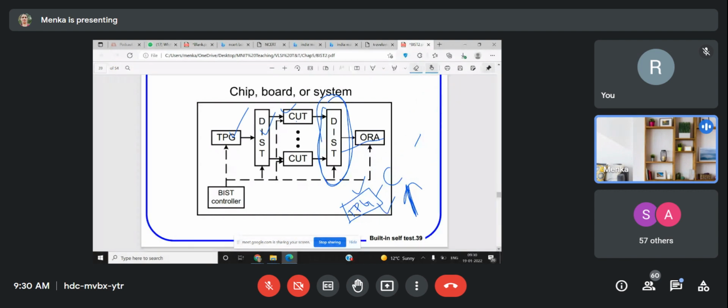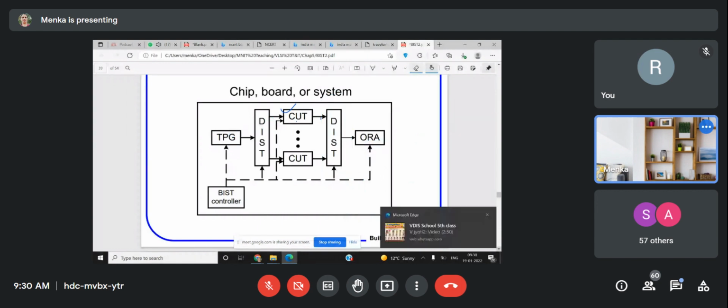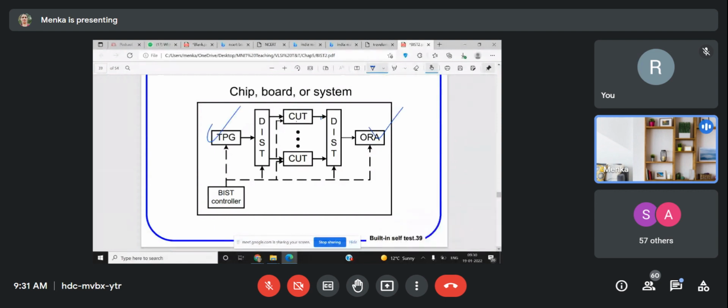So what you can do is use multiple chips all together and test if a fault is there in some specific chip. How will you be testing? This is the BIST controller. You can see the test generation and ORA are controlled by this BIST controller along with these distributors. Now, in order to identify which chip is having this particular fault, you have this chip controller also.